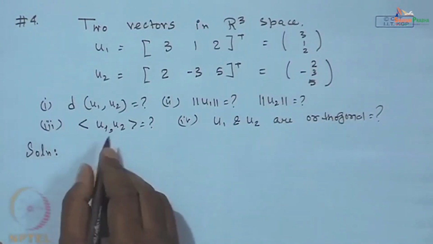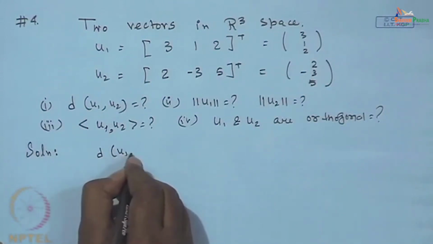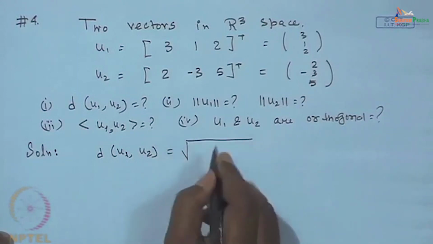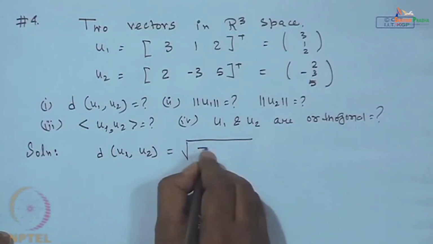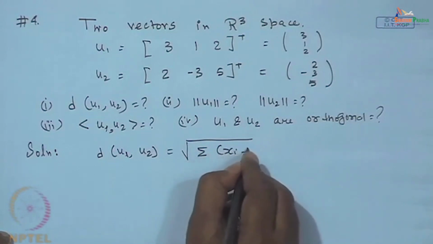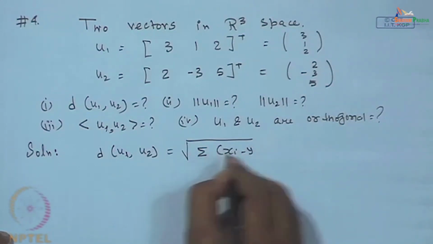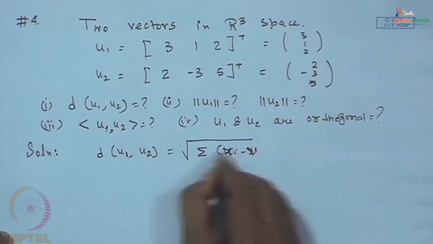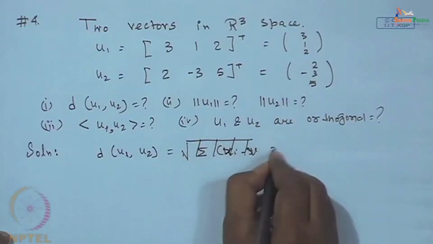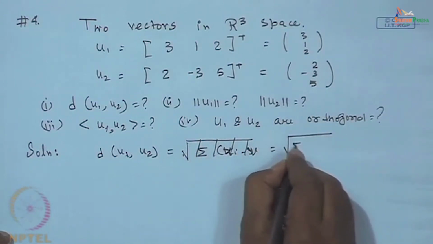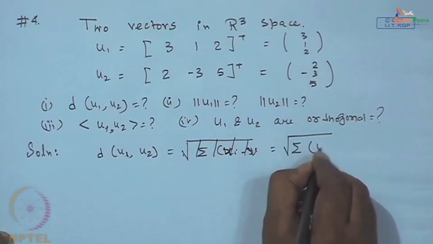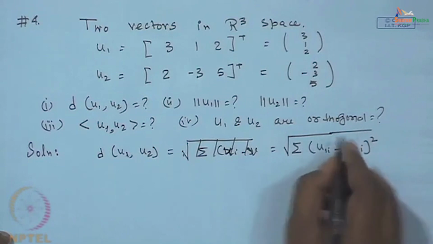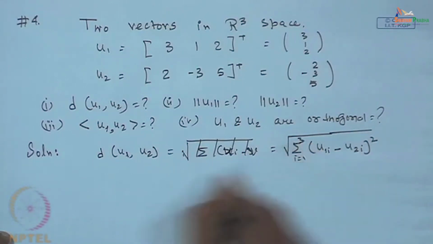So, the metric between u1 and u2, if you look into the definition, is under root summation of (u1_i minus u2_i) squared, i equal to 1 to 3 in this particular case.